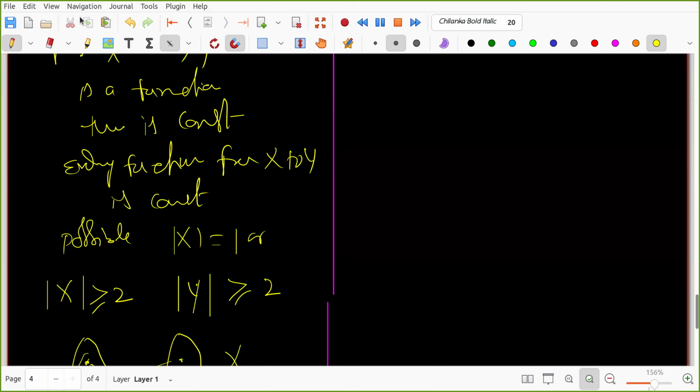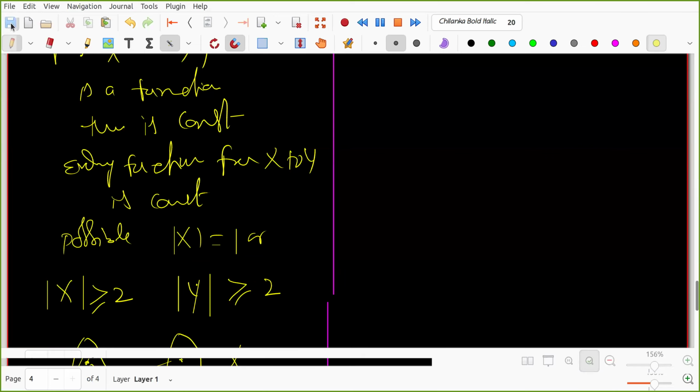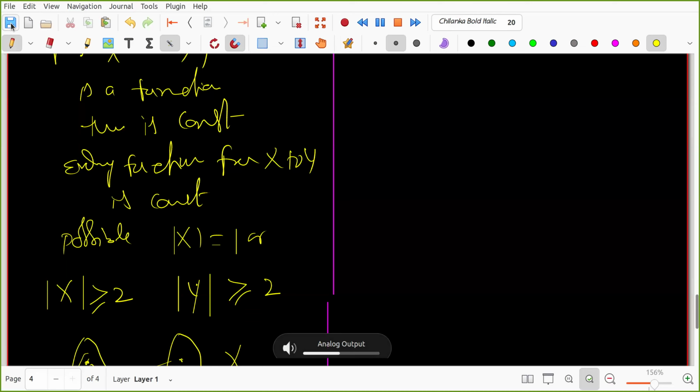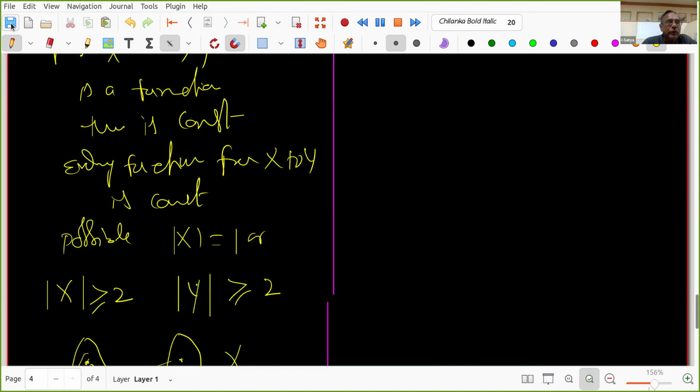Sir, can we also say that if the cardinality of f(x) is 1, then it is a constant function? Wonderful question. Cardinality of the range, that means range of f. If the range of f has cardinality 1, then f is constant. Why?